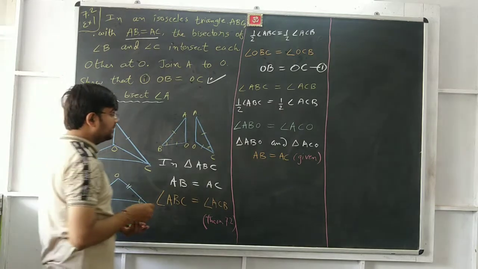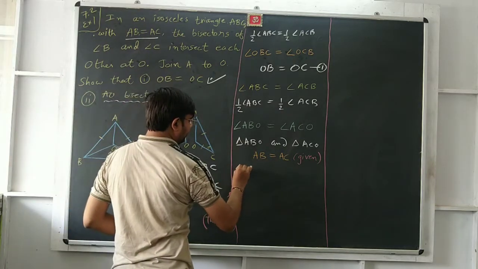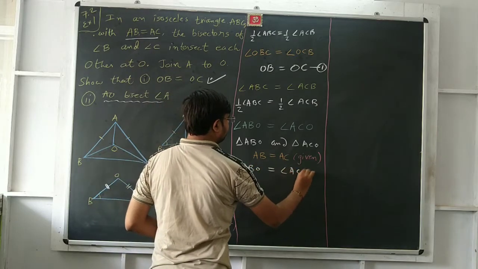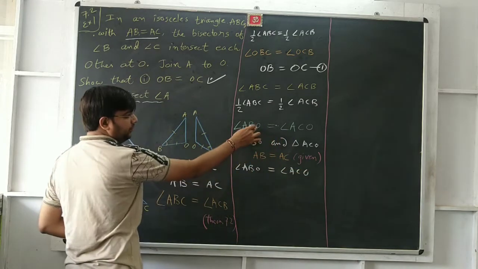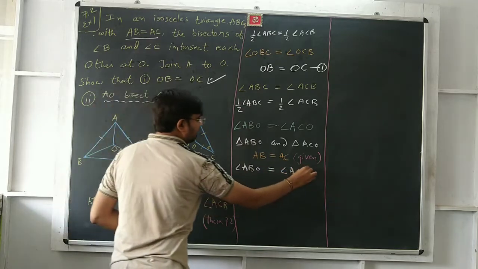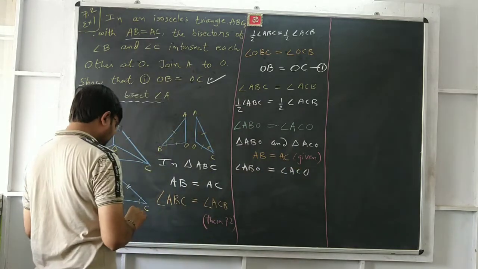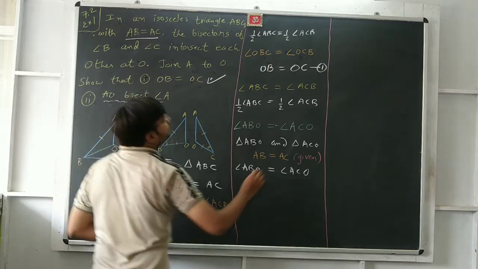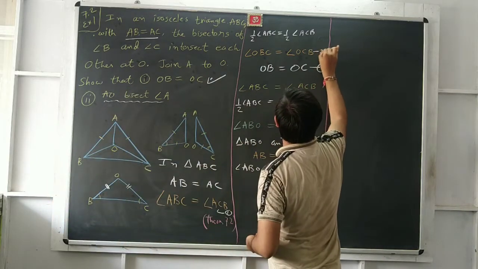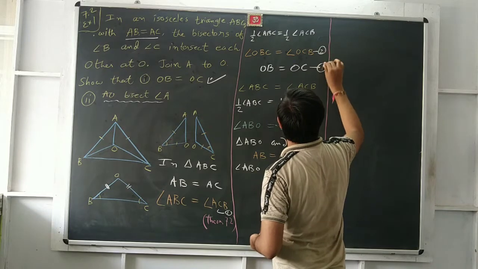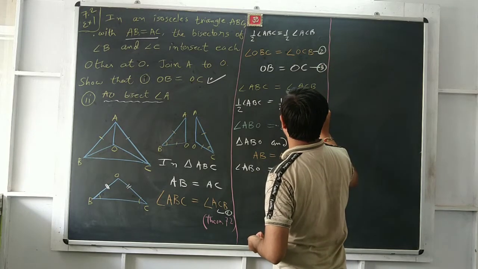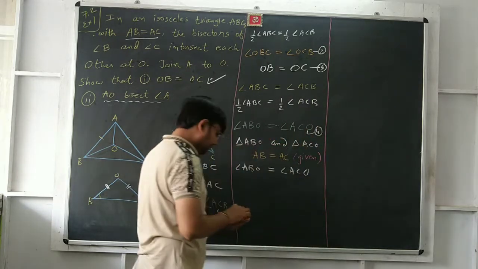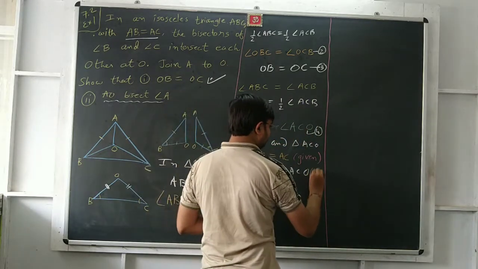Second, I can write angle ABO is equal to angle ACO. I can write these as equation 1, this is 2, this is 3, and this angle is equation number 4.